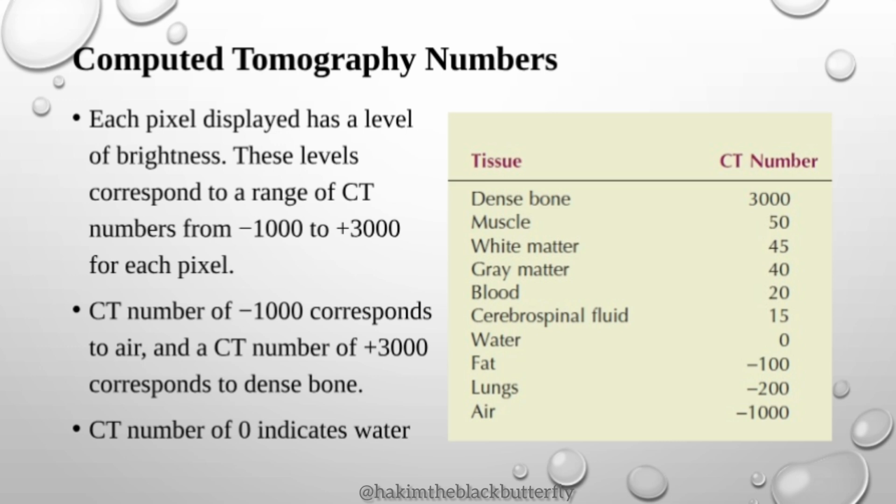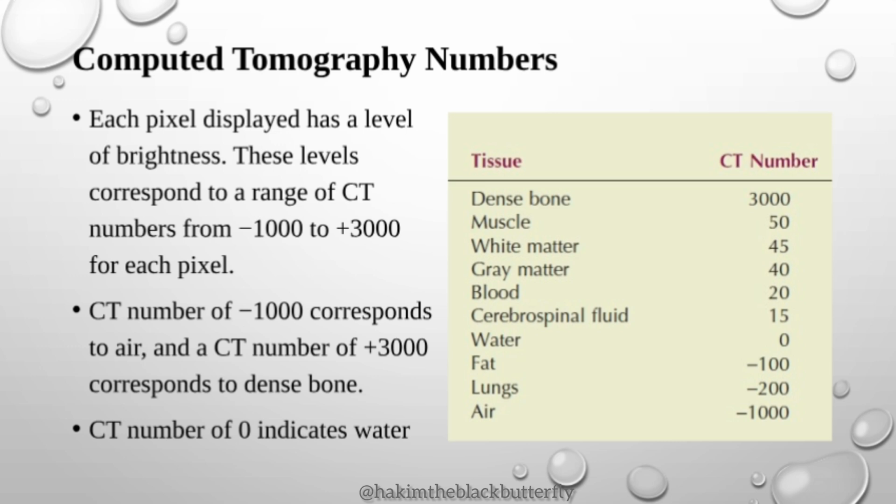These levels correspond to a range of CT numbers from negative 1,000 to positive 3,000. Sometimes the CTs can have CT numbers ranging from negative 1,000 to positive 1,000, whereby the negative 1,000 corresponds to air and the positive 3,000 corresponds to dense bone.